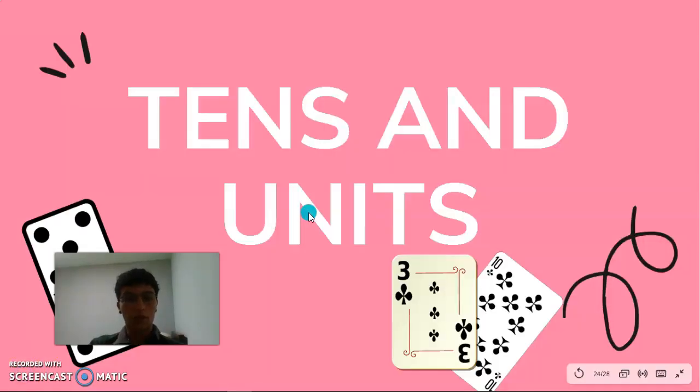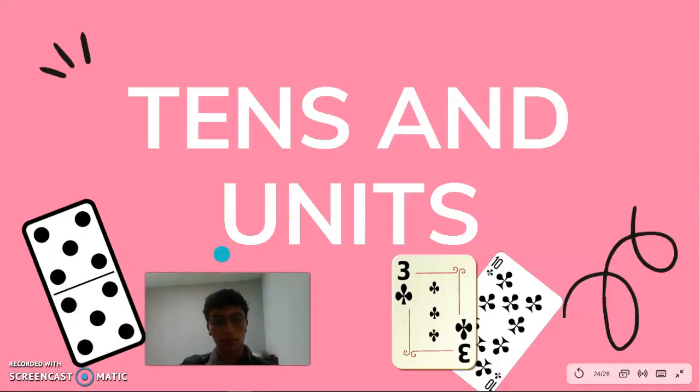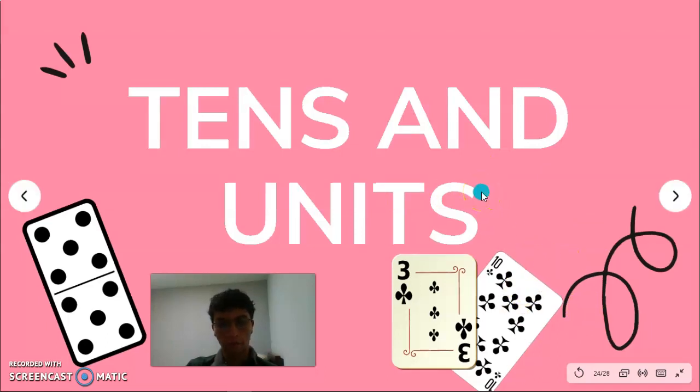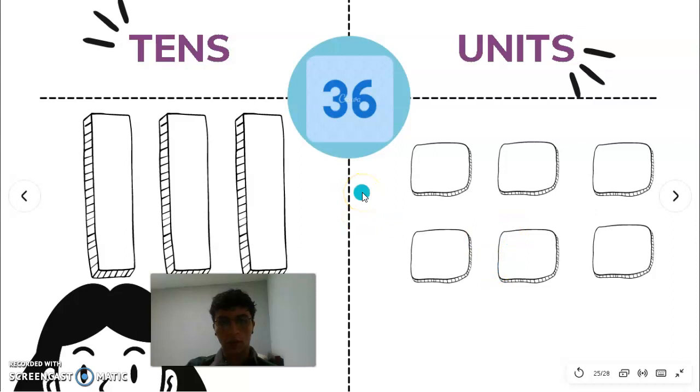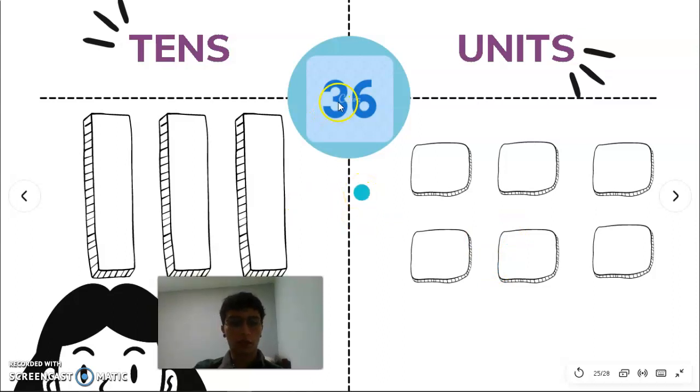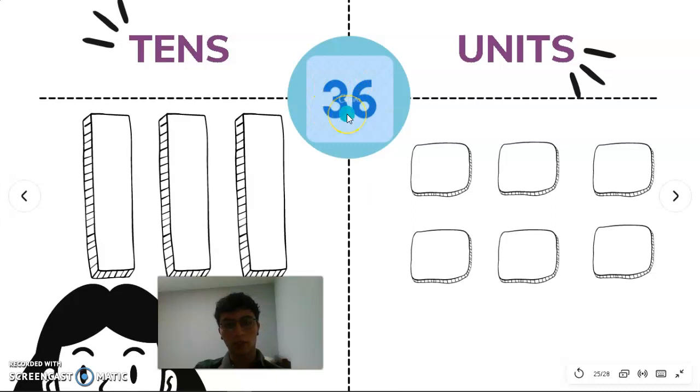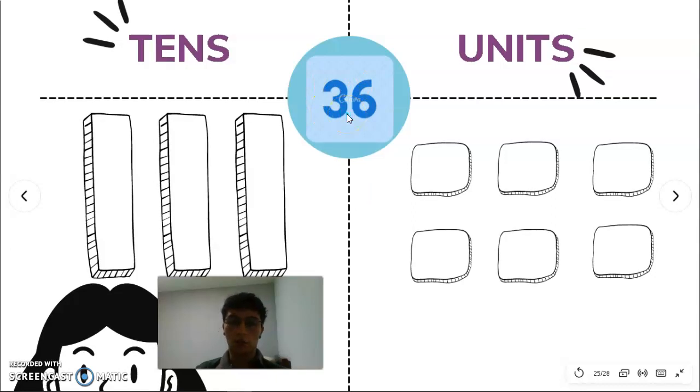And the next topic is tens and units, las decenas y las unidades. So let's check some examples. Here, for example, we have the number 36. Y como ya saben, pues las decenas y las unidades se representan así.